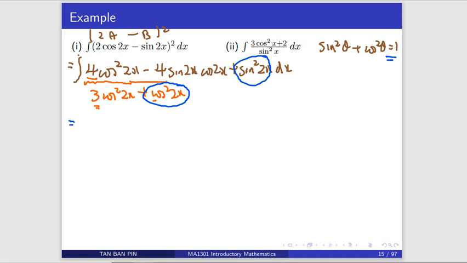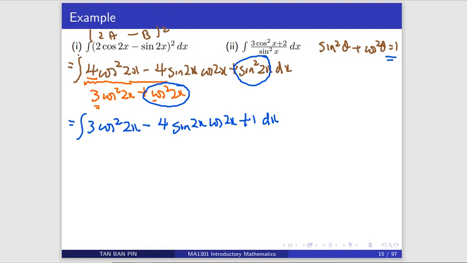So the next step is to integrate 3 cosine square 2x minus 4 sine 2x cosine 2x plus 1 dx.